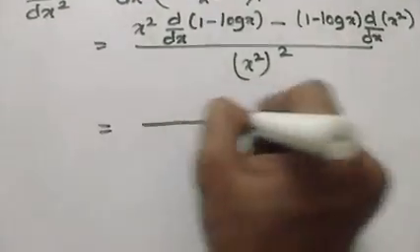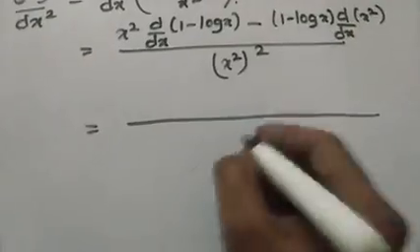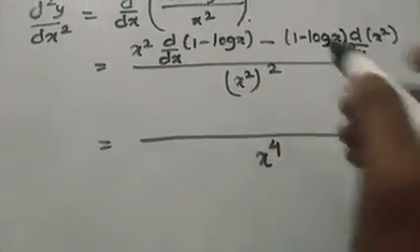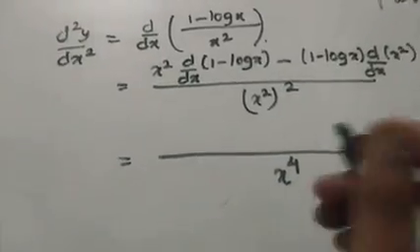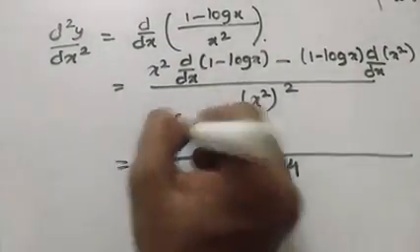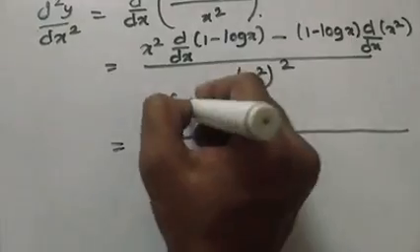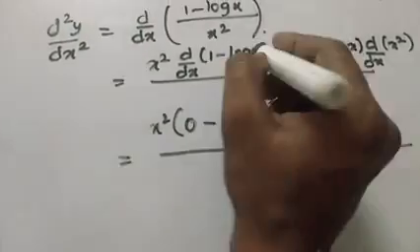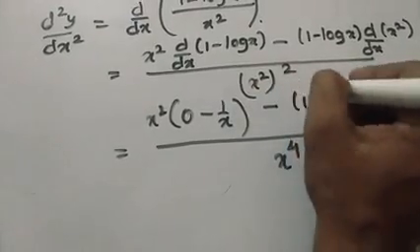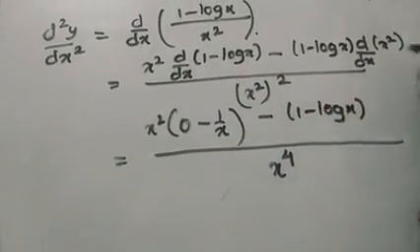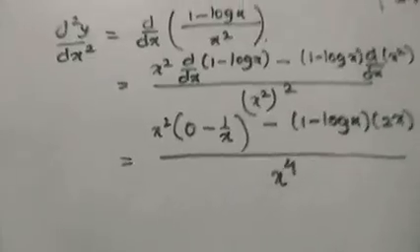Now differentiating them, the x square whole square is x to the power 4, because powers are multiplied, 2 into 2 is 4. Now here x square d/dx of 1, a constant, derivative is 0, minus d/dx of log x is 1 by x, minus (1 minus log x) d/dx of x square is 2x.